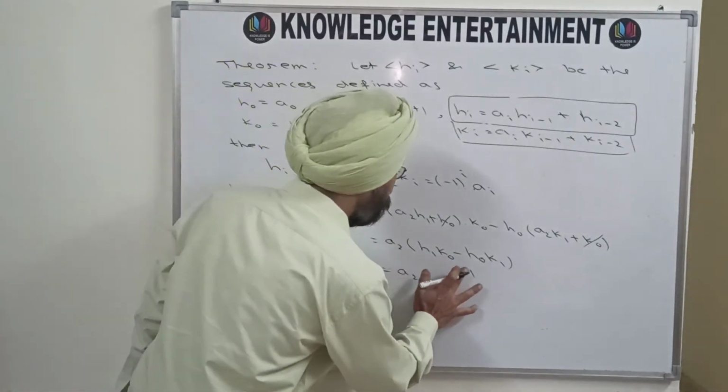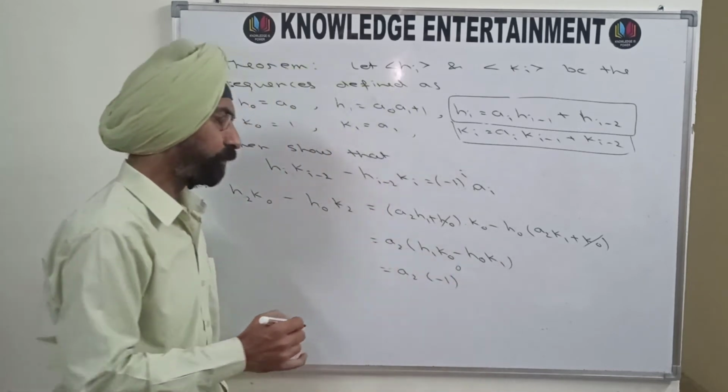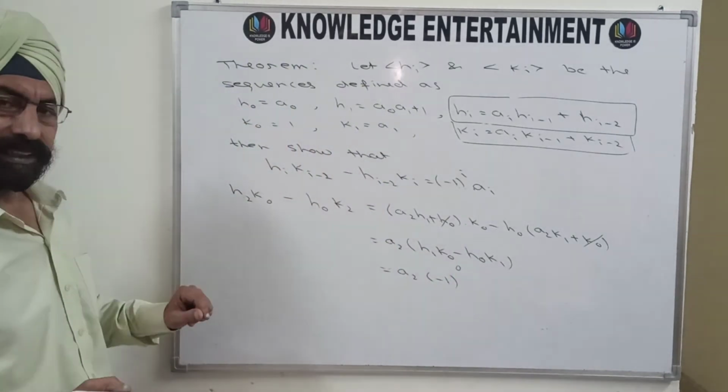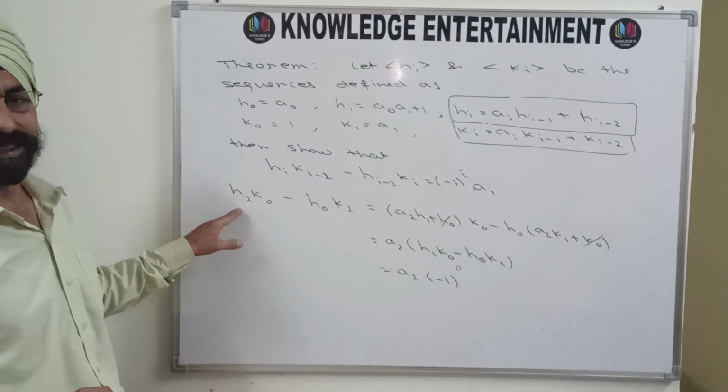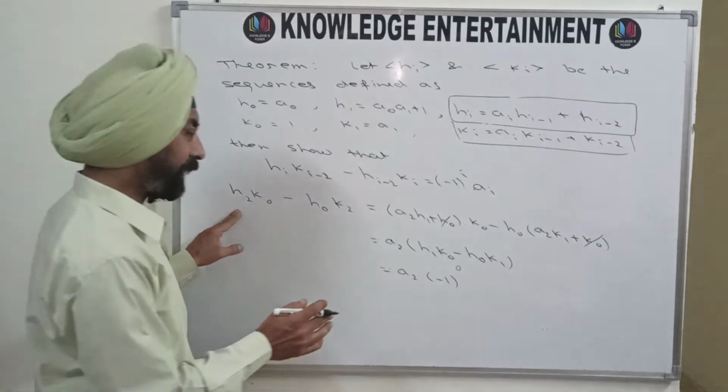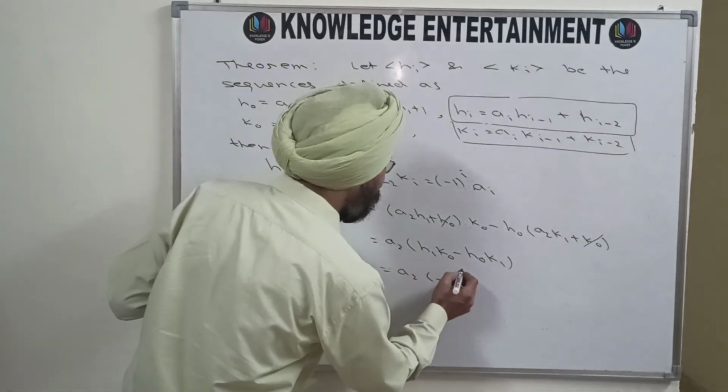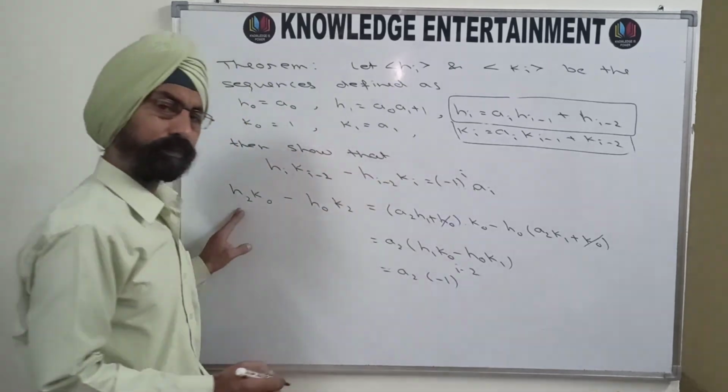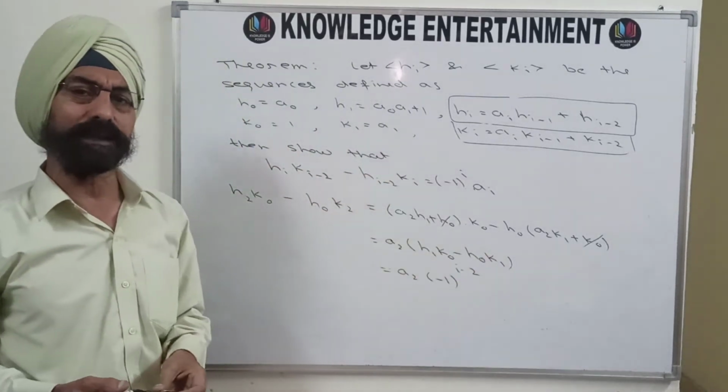So it is power 0. And your i is 2 here. So what is it? i minus 2. (-1) raised to the power i minus 2.